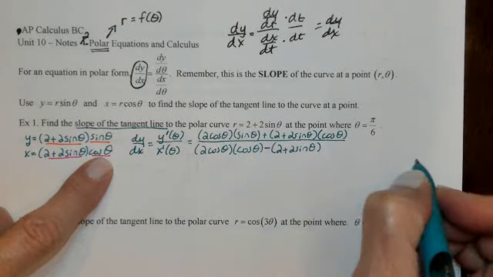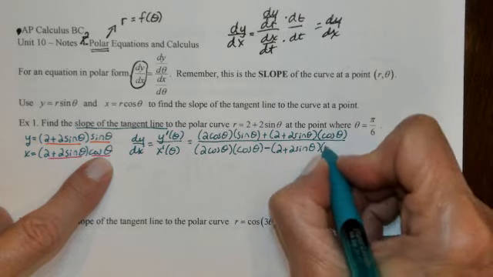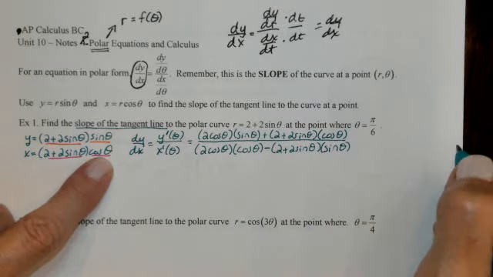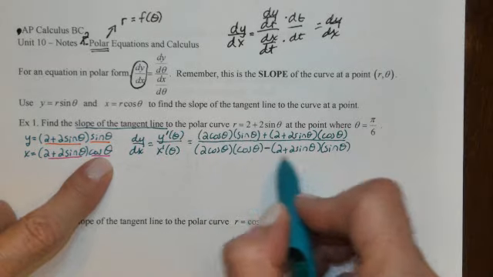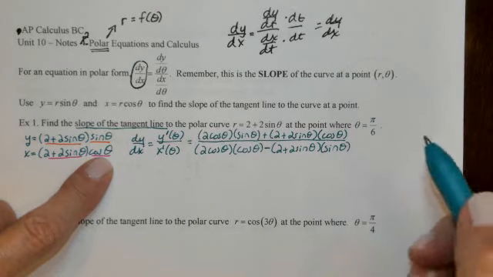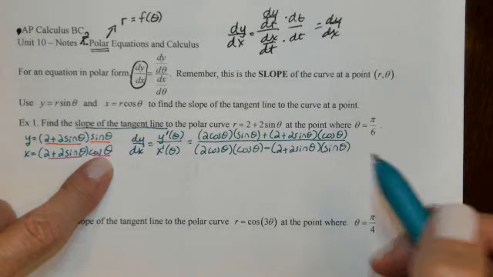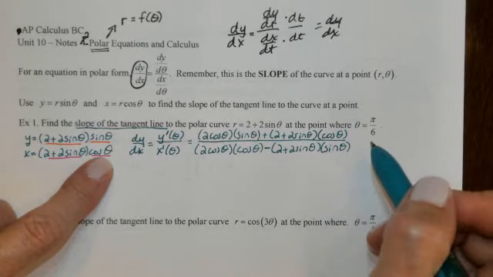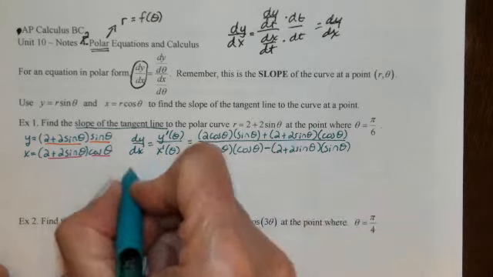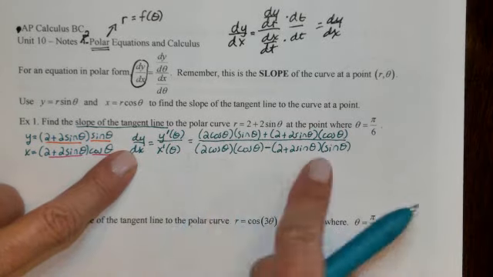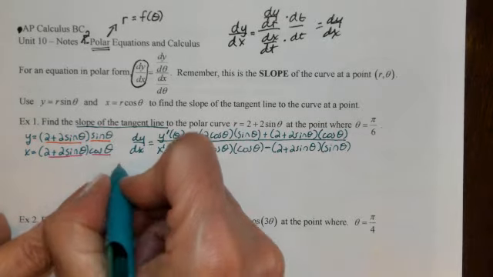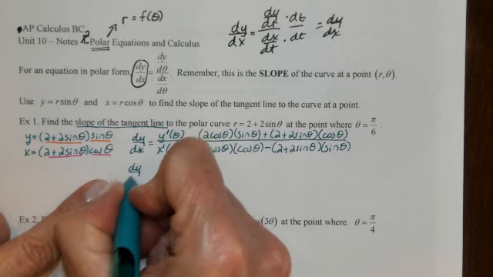I'm going to pull that negative out front and make that negative sine theta right there. Okay? So there's definitely a pattern that you can use here. But I don't like to memorize things. I would way rather know what I'm doing, right? So this is just the product rule. Okay, now that is the derivative. That would be a safe stop, right? Now we just have to plug in pi over 6 for theta.